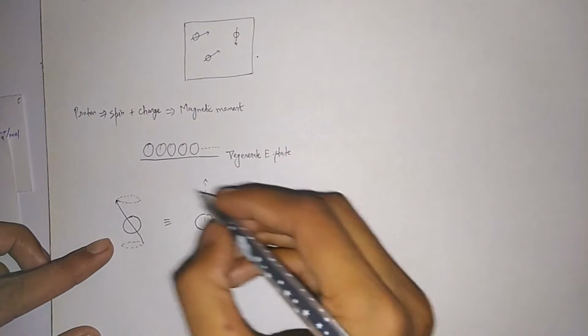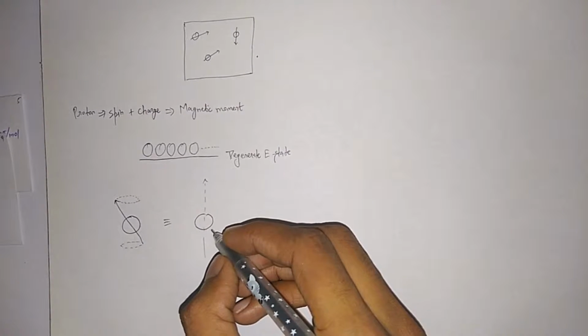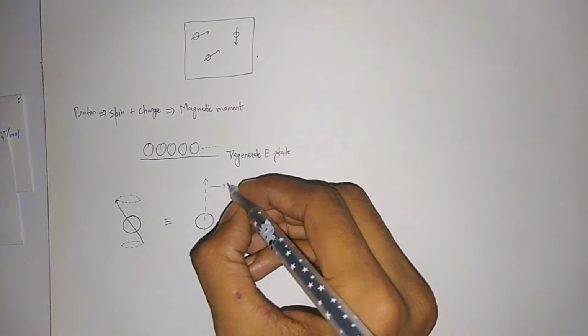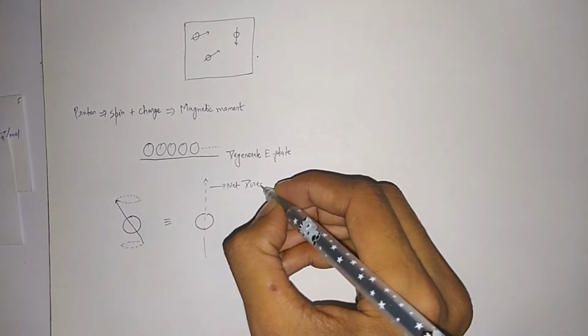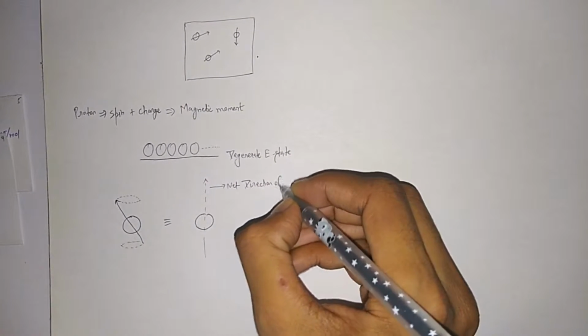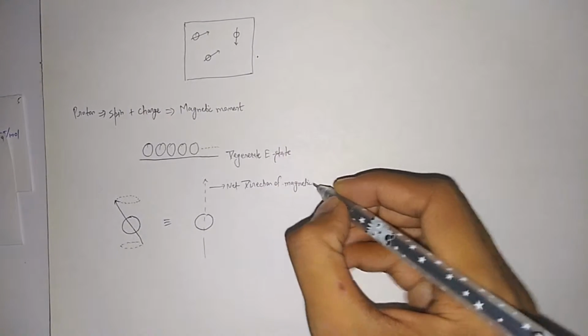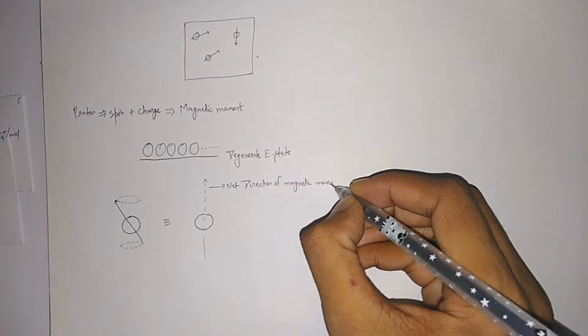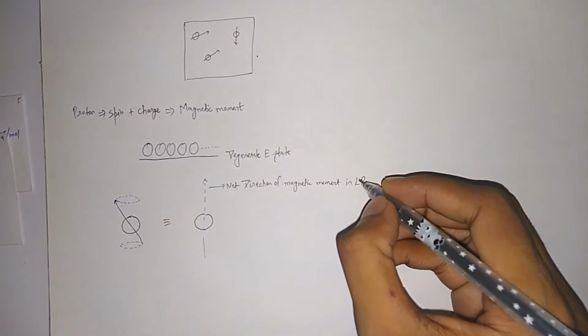So this is the net direction of magnetic moment in Larmor precession.